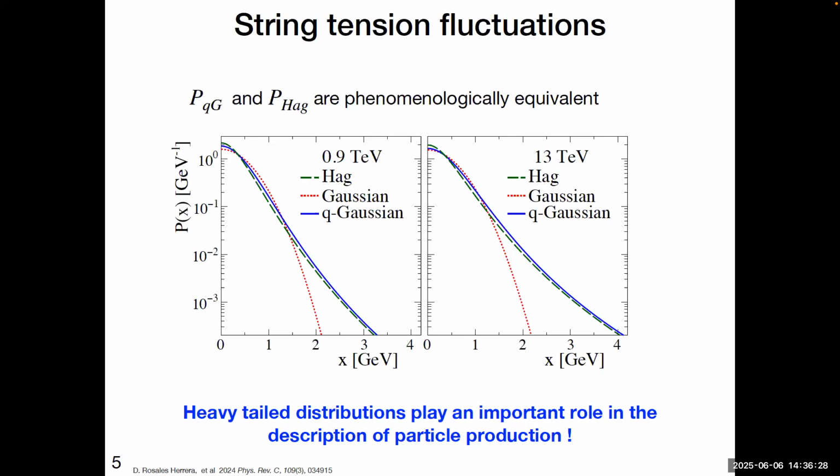So as I mentioned, these distributions are heavy-tailed, so they are enhancing the probability of having strings with higher tensions, and in consequence, we are enhancing the probability of having high PT values.